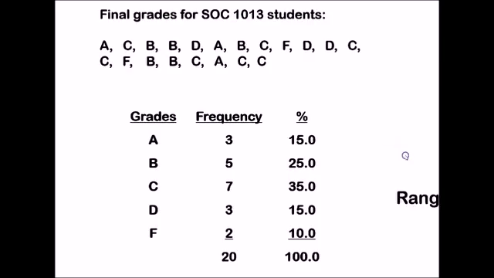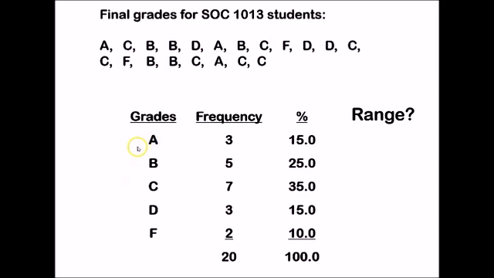And so what would be our range in this collection or distribution of data? And again, we've got them arranged. And indeed, we find that we do have students receiving an A, and we do have students receiving an F. And so our range is A to F.